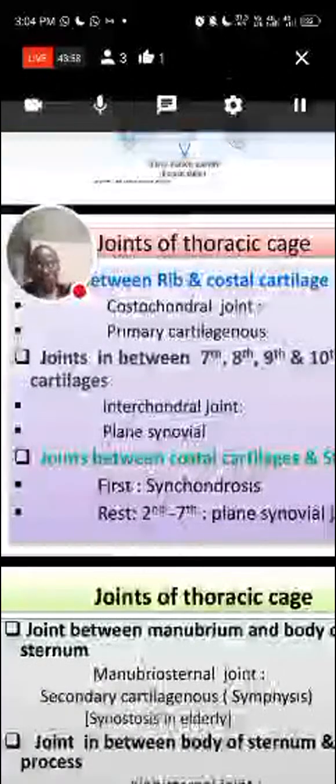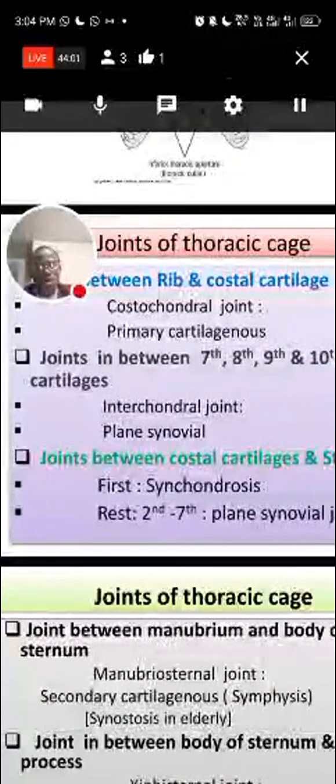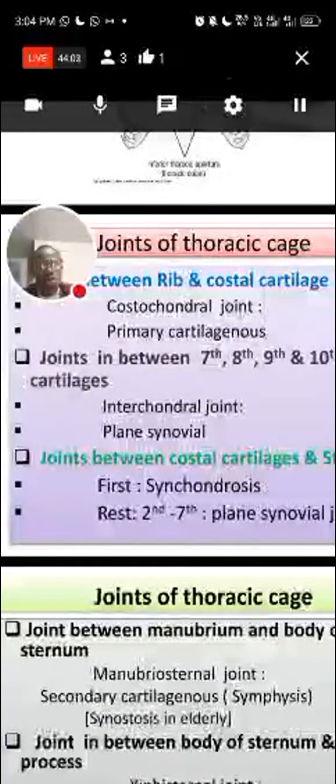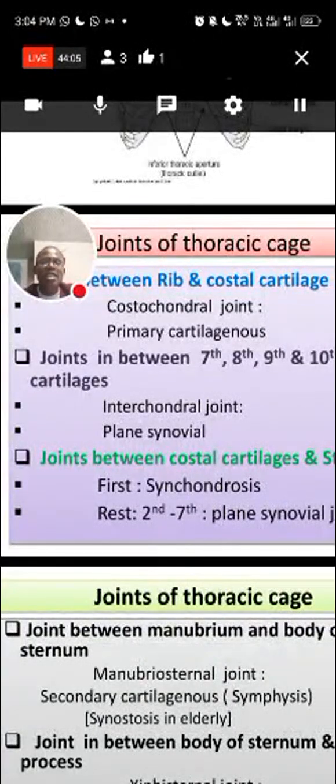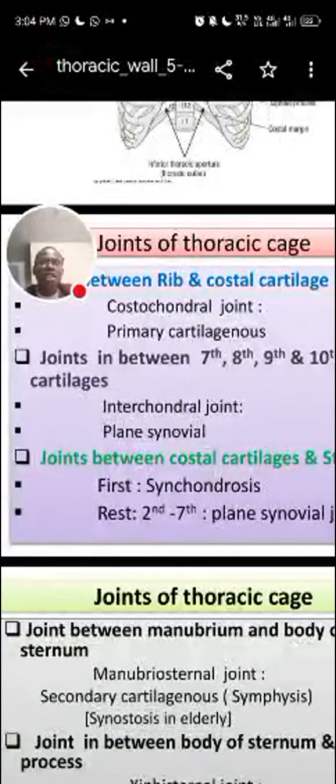So we have costovertebral joint, costotransverse joint, costochondral joint, interchondral joint.